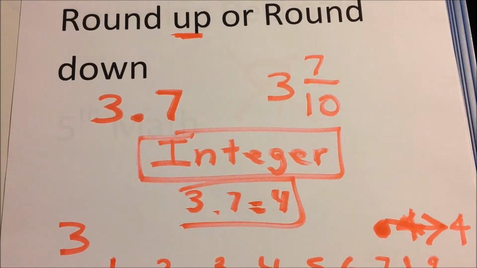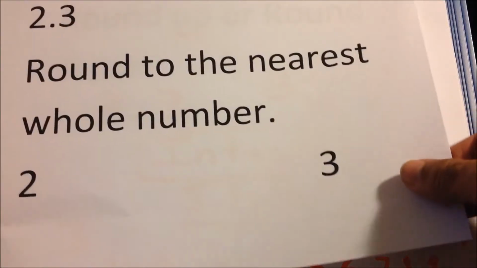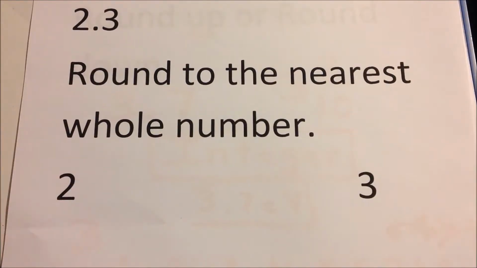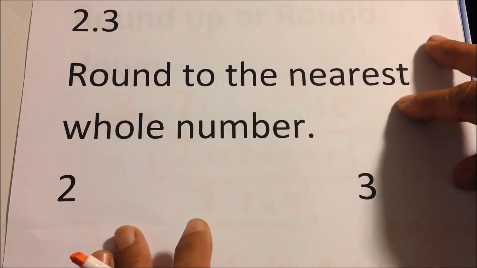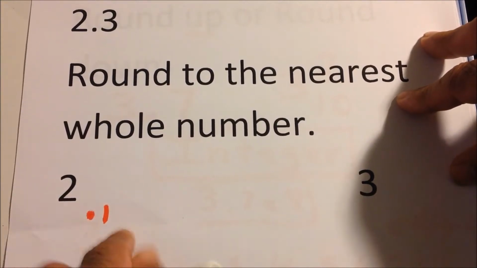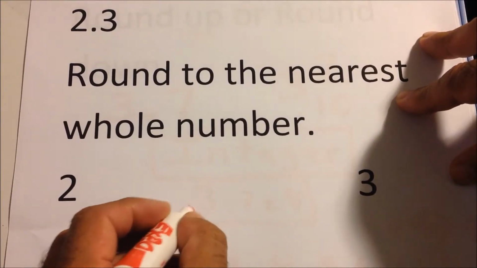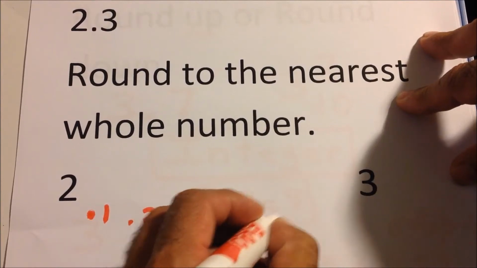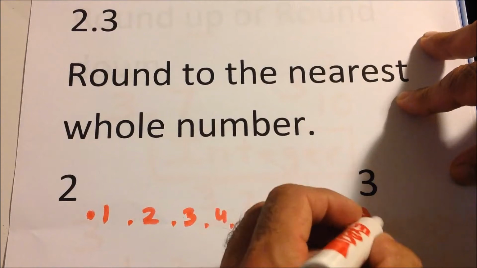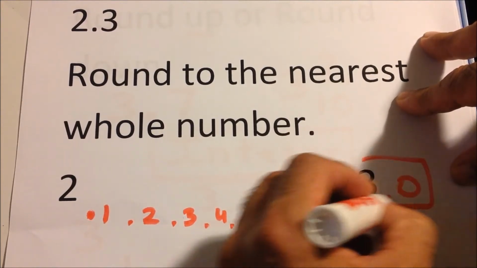Let's do another example that's neater. Let's say we had 2.3. It says round to the nearest whole number. So again, I put the whole numbers here, 2 or 3. Let's do it smaller this time. We have 2.1, 0.2, 0.3, 0.4, 0.5, 0.6, 0.7, 0.8, 0.9, and then 3.0, right?